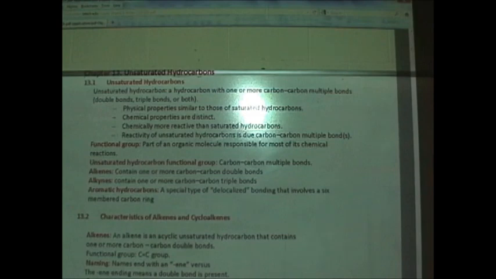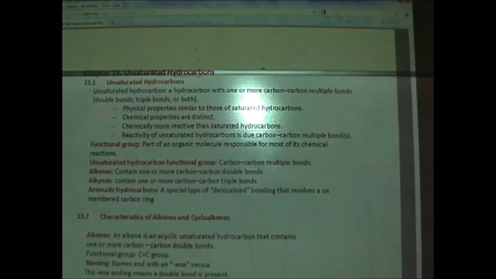Chemically, saturated hydrocarbons are stable, but the unsaturated are reactive. Now there are three types of unsaturated hydrocarbons. First one is called the alkene. Ene now, not ane.